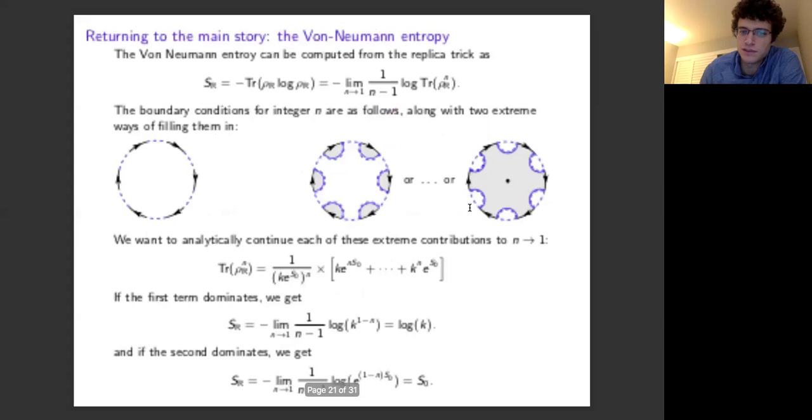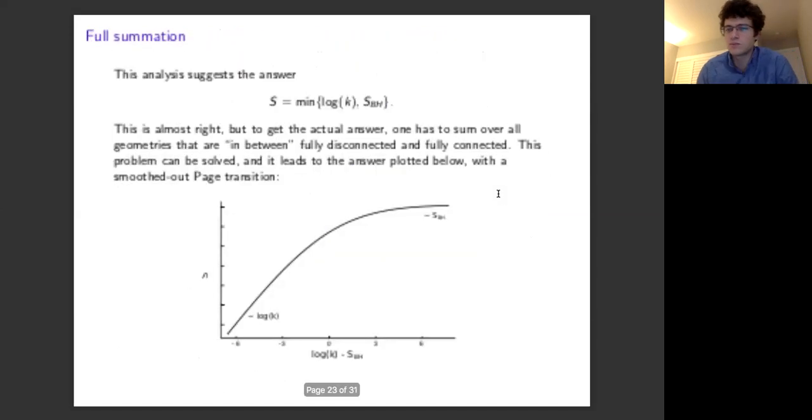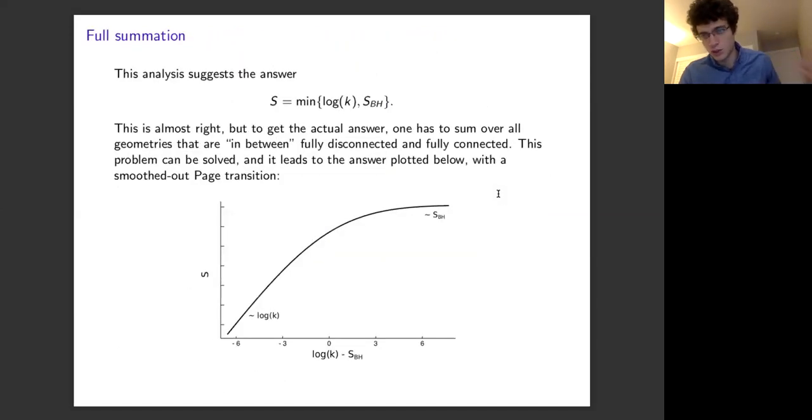This model is simple enough that we can actually sum over everything with intermediate degrees of disconnection, and not only do that sum, but also analytically continue it to n goes to 1. So this model is simple enough that you can do the calculation correctly and you find a smooth transition. In other cases, for the island formula and just holographic entanglement computations more generally, there should be smooth transitions like this. They're just really hard to compute.